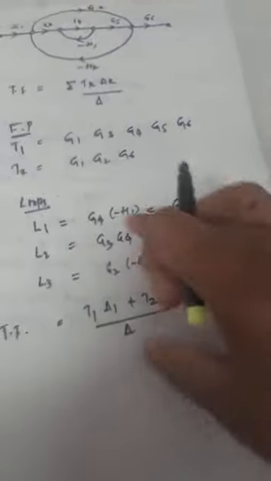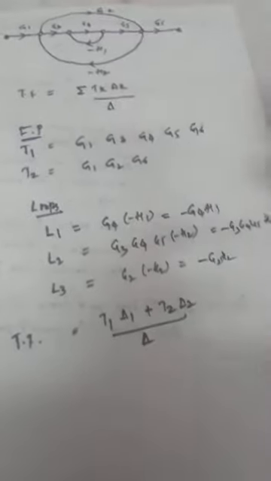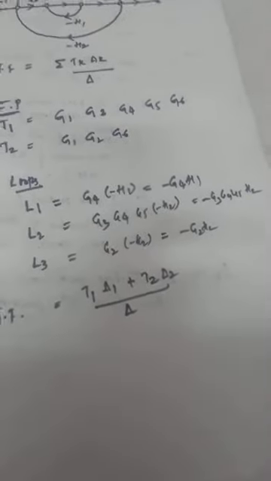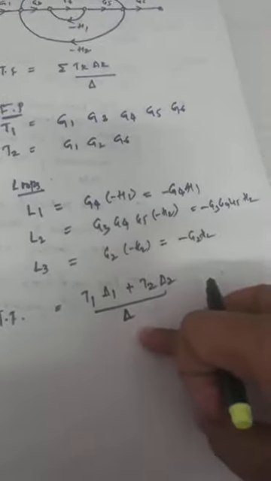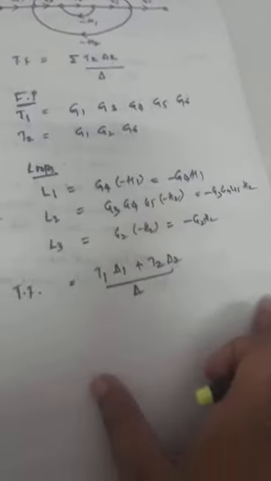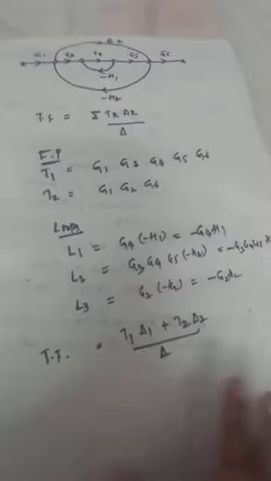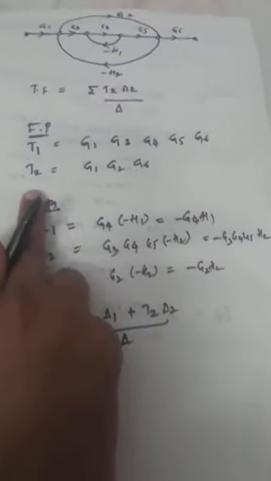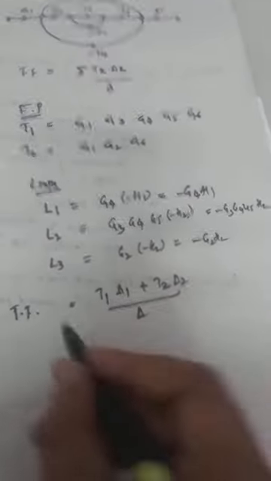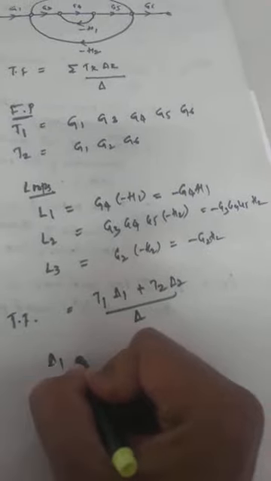If you got 3 forward paths, it will become T1 delta 1 plus T2 delta 2 plus T3 delta 3, divided by delta. Already you know the value of T1 and T2. Now you are supposed to find the value of delta 1.